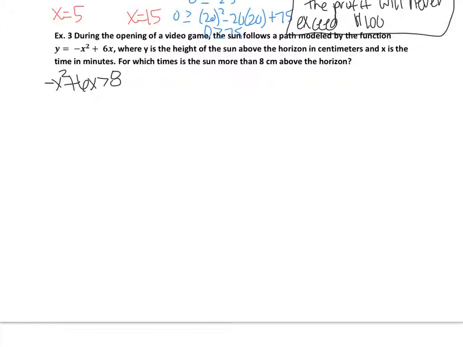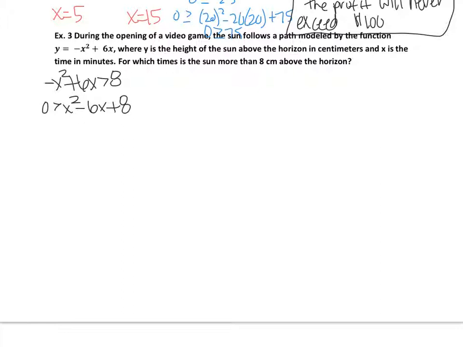So again, I'm going to move everything to one side, and because this is negative, I'm going to move everything to the right side so that I can make that a positive. Okay, so 0 is greater than x squared minus 6x plus 8.